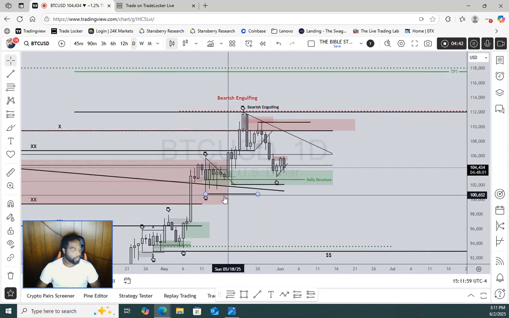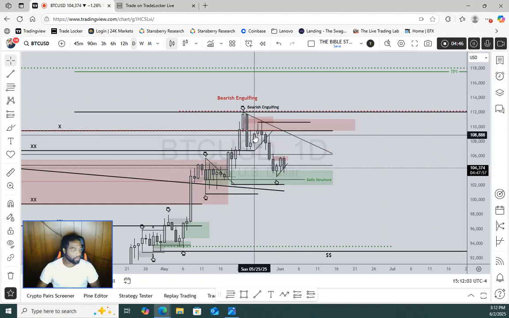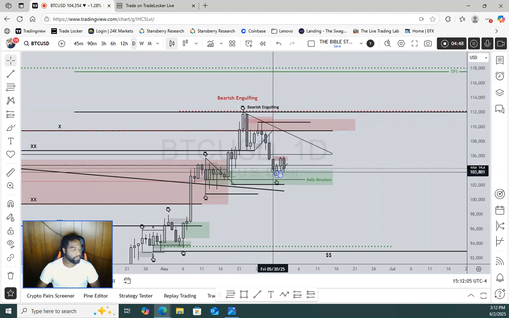Remember, on the daily, we got swing to swing. Price gave this retracement, and then we just encountered this. I would say morning star, a 3 candle pattern, 3 candles created this. So I would say morning star here.